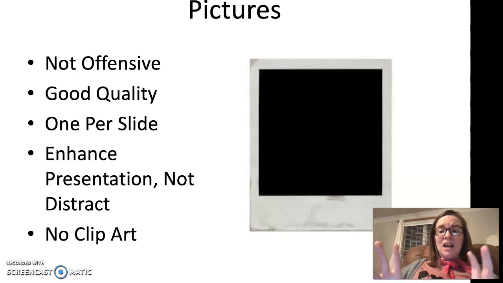If it's not relevant enough to take up a whole slide, then it's not relevant enough to refer to. You should just revert to the data. So again, if it's a graph or a map, take up the whole slide, and you should be gesturing to it. You should be explaining why it's important.